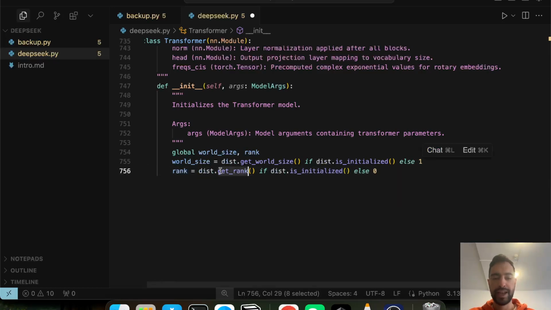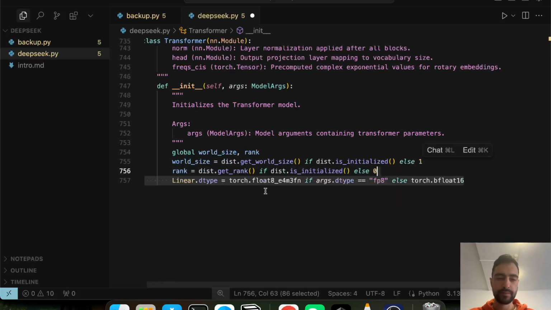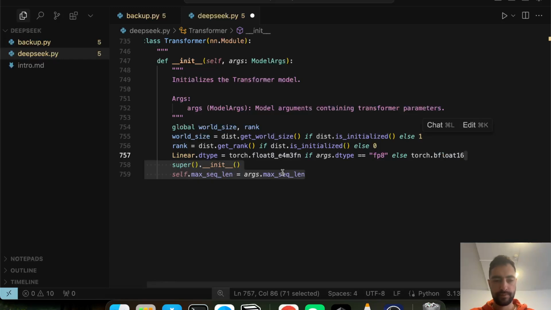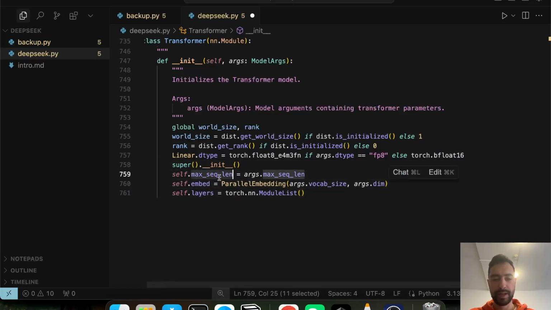Or we will just get the index, the rank. Type of linear layers: we set it to FP8 or brain float 16. Initialize super, and then set these parameters: max sequence length, parallel embedding.